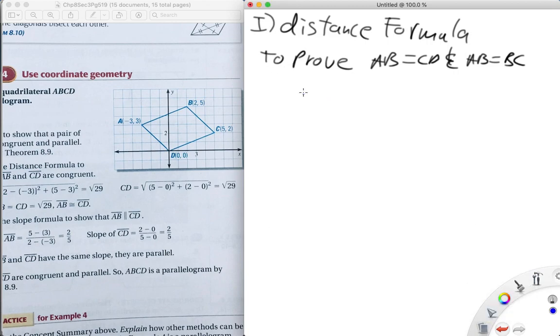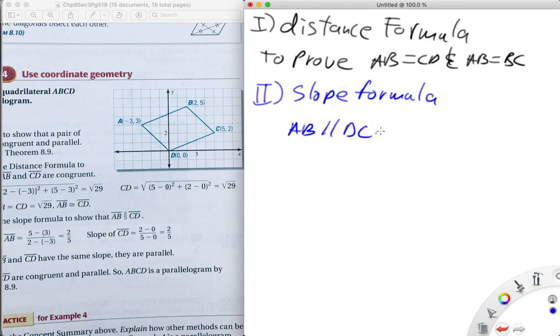Another one we can do is use the slope formula and say that AB is parallel to DC, and that AD is parallel to BC. Okay.